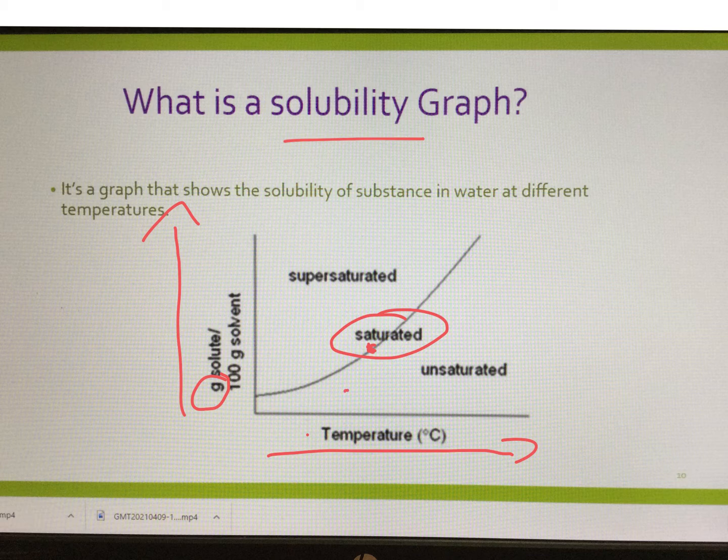If that dot or that plot is under that chemical line, then it's an unsaturated solution. However, if I give you a temperature and amount of grams and you have your plot above that chemical line, it's going to be a supersaturated solution. So one more time, if it's on the line, it's a saturated solution. If it's below that chemical line that you're looking at, it's going to be unsaturated. If it's above that chemical line, it's going to be supersaturated.